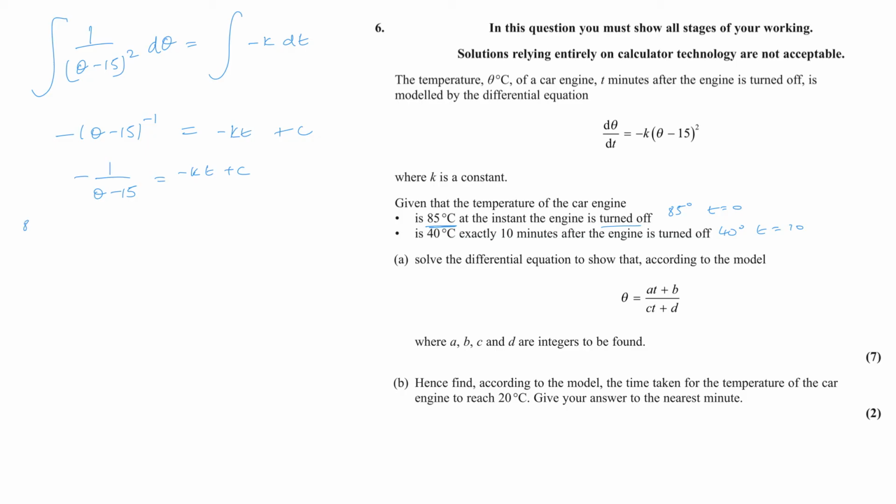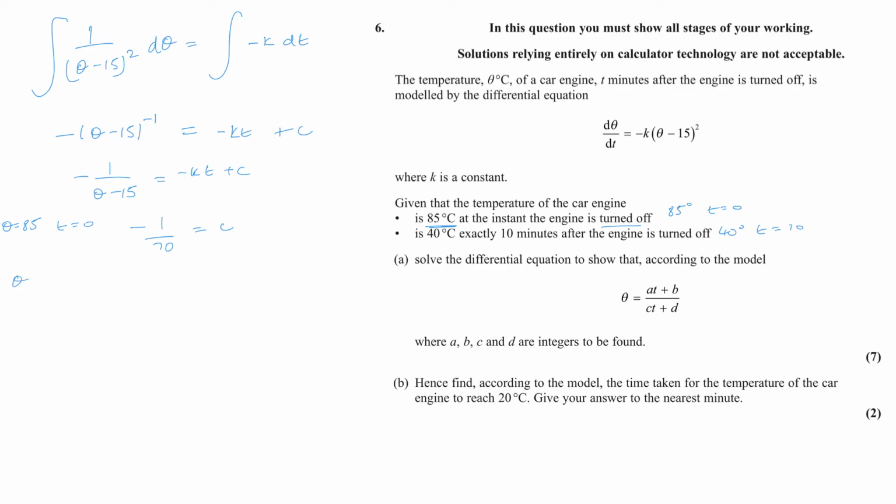So substituting theta equals 85, t equals 0 in, we get minus 1 over 85 minus 15 is 70 equals c. So that gives me my c straight away.